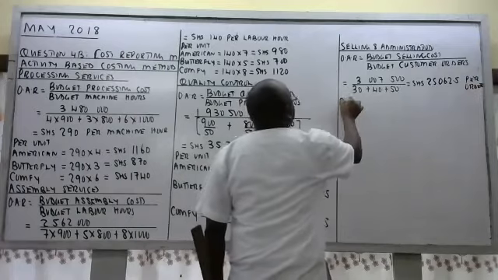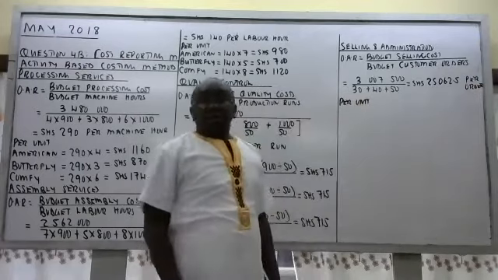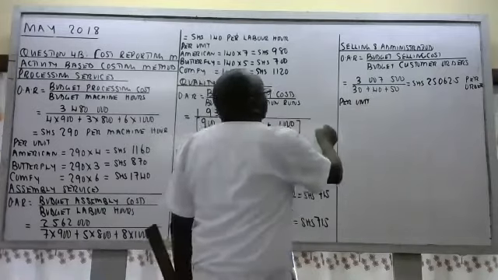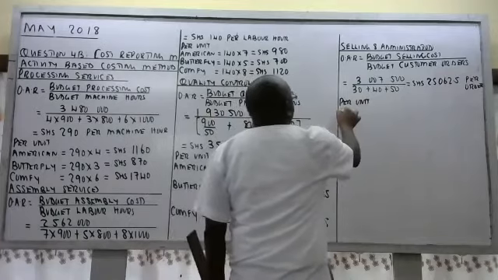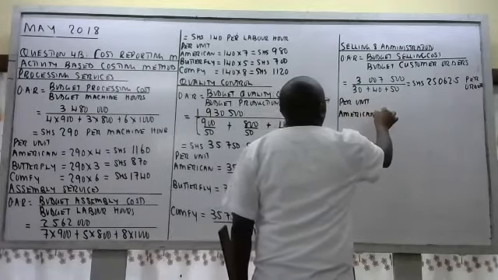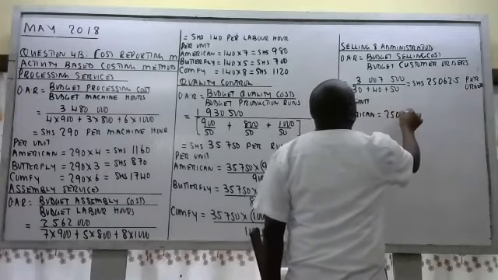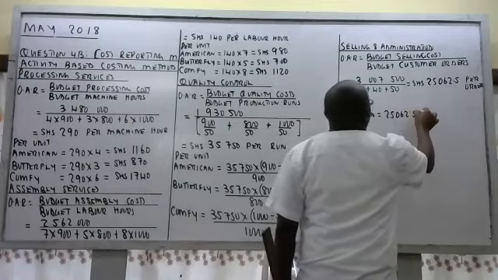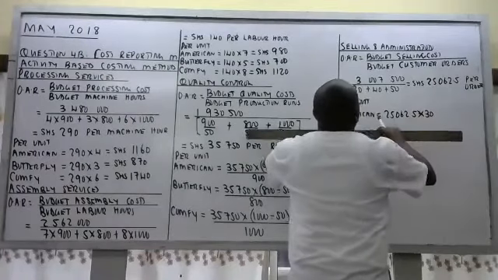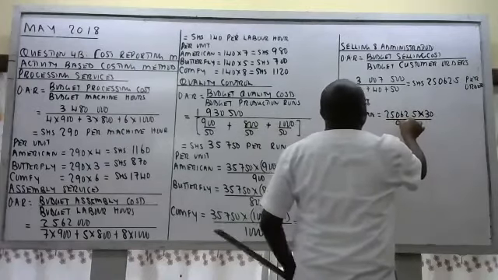So per unit, American will be 25,062.5 multiplied by 30, you divide by 900.